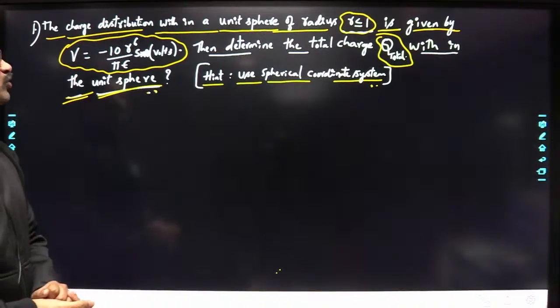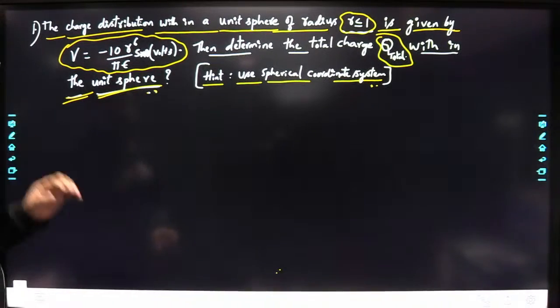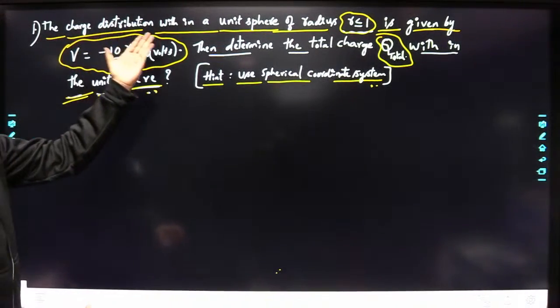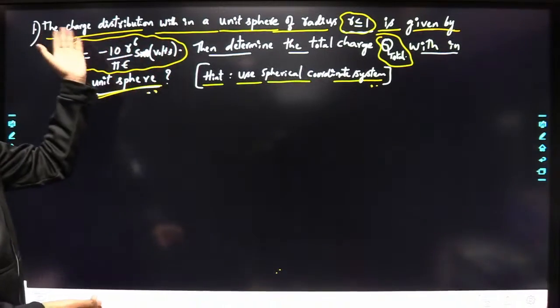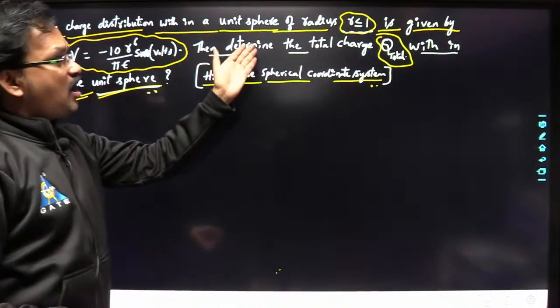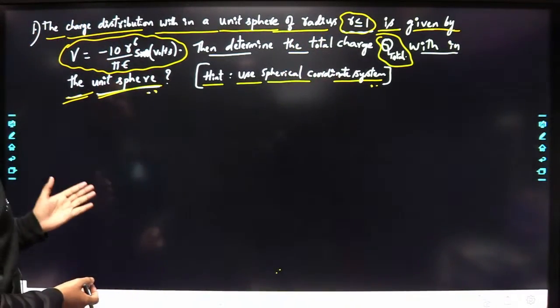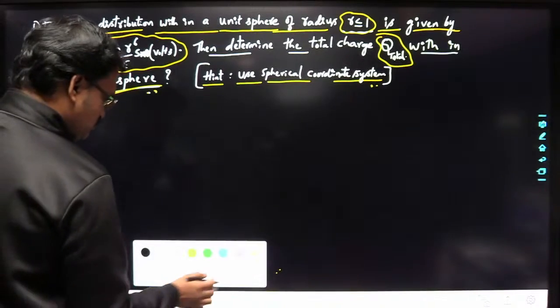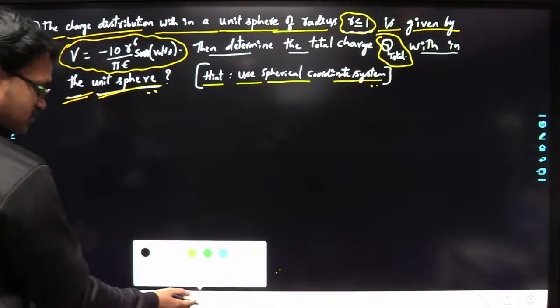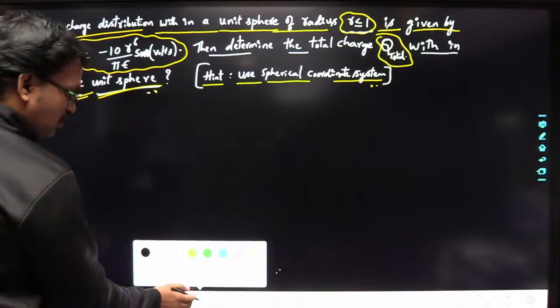First, they have given the charge distribution within a unit sphere of radius r less than or equal to 1. Sorry, in this question it is not charge distribution, it must be potential distribution.